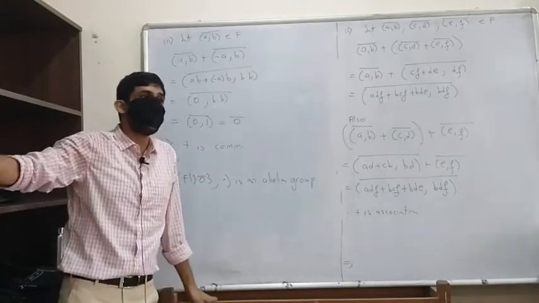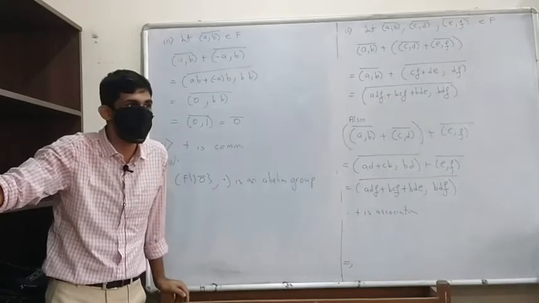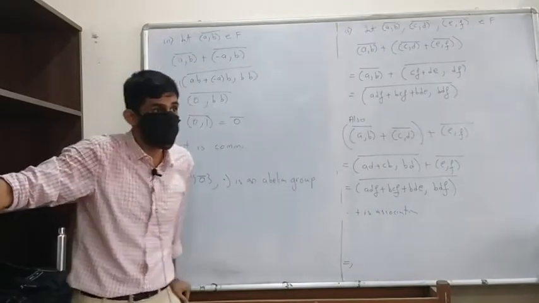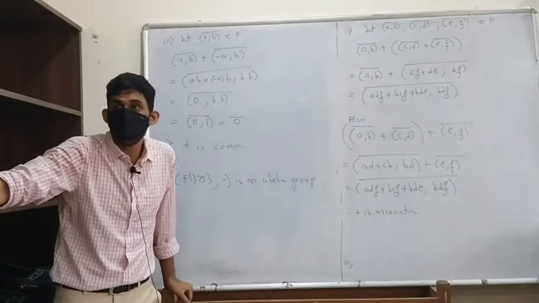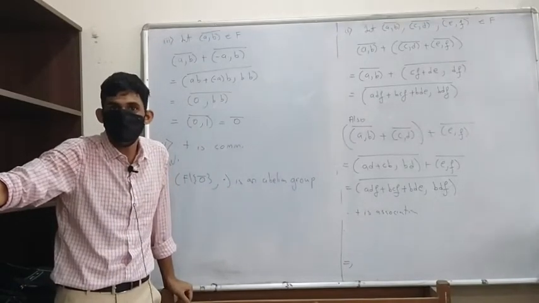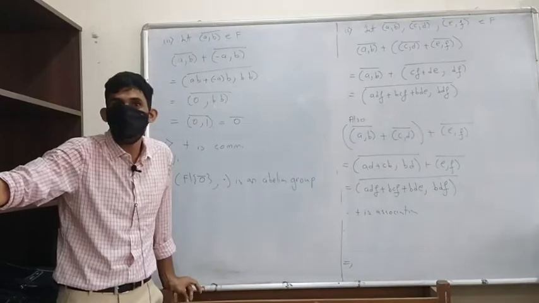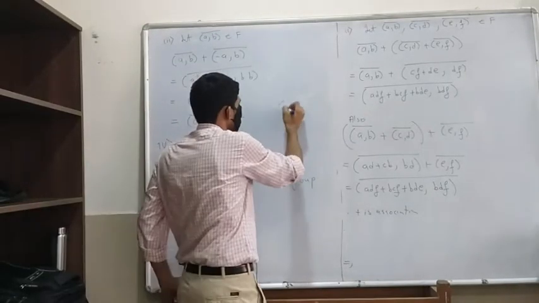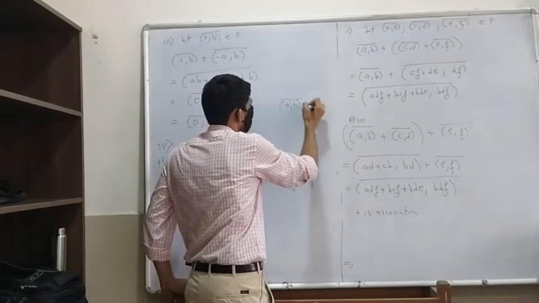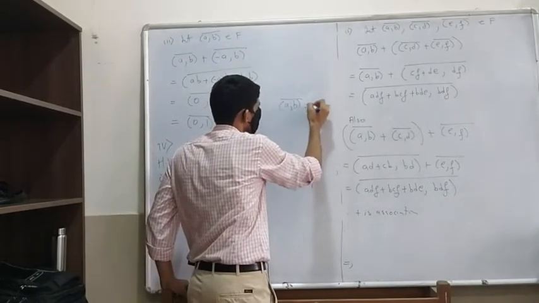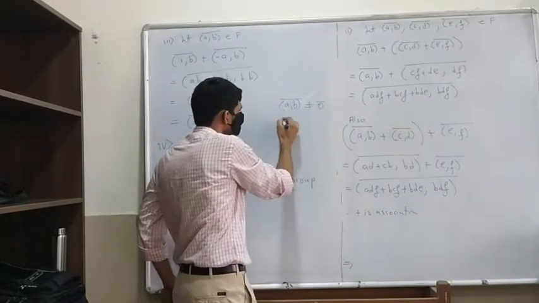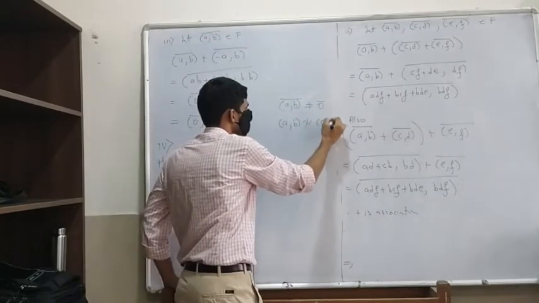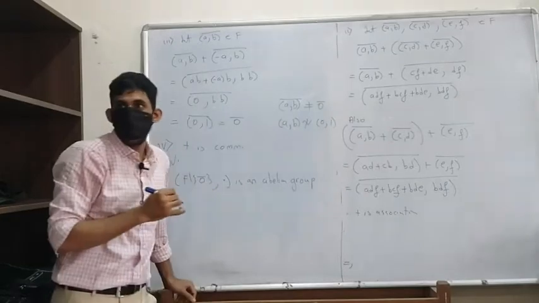What is the multiplicative inverse of a comma b? So if a comma b is non-zero, what do you mean by saying that a comma b is non-zero? When will this be non-zero? A comma b bar is not equal to 0 bar. What does this mean? This means that a comma b is not related to 0 comma 1.